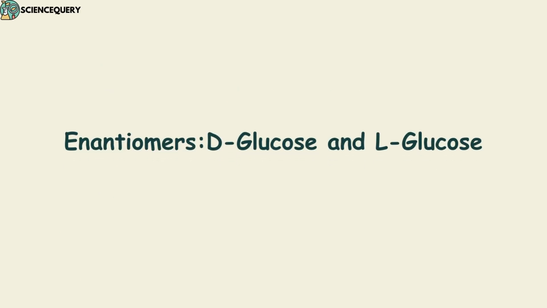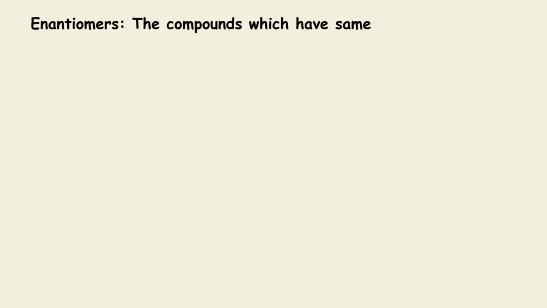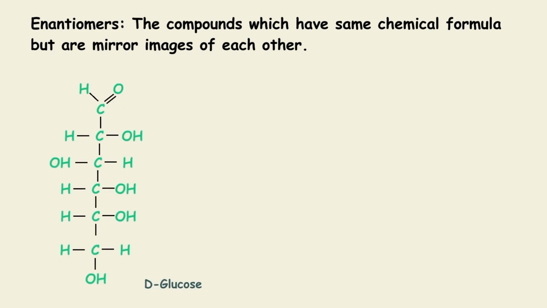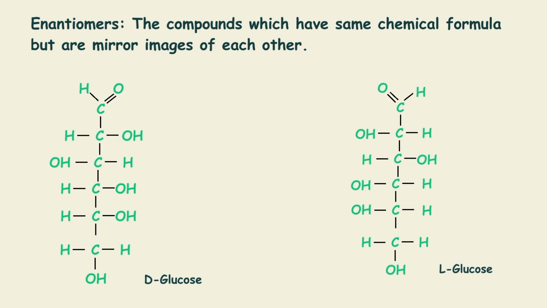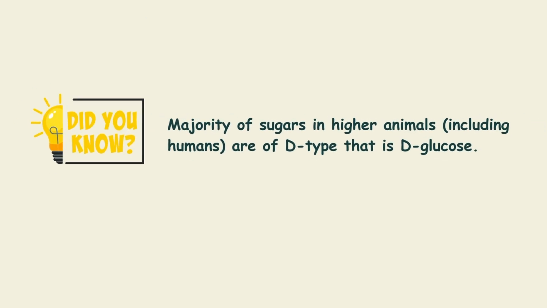Now let us see the enantiomers of glucose, that is D-glucose and L-glucose. Enantiomers are compounds which have the same chemical formula but are mirror images of each other. Did you know the majority of sugars in higher animals including humans are of the D type, that is D-glucose.